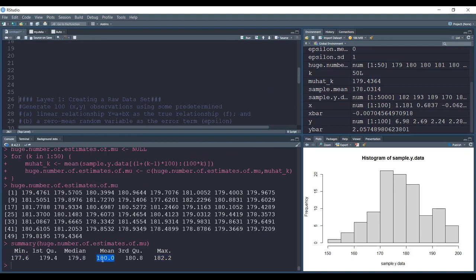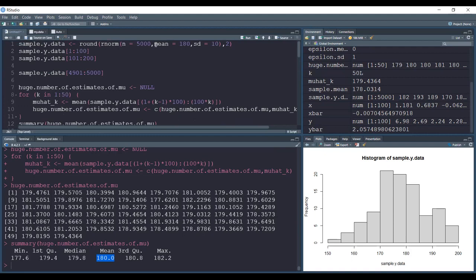The mean, at least to 1 dp, is precisely 180.0, which we know, because we set it up that way, is the true mean. Now, would you know the true mean in practice? No, of course not. That's the whole point of doing an exercise like this. But we have the true mean this way.